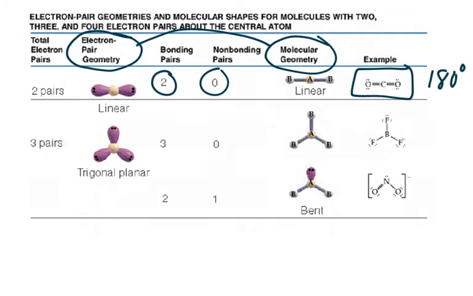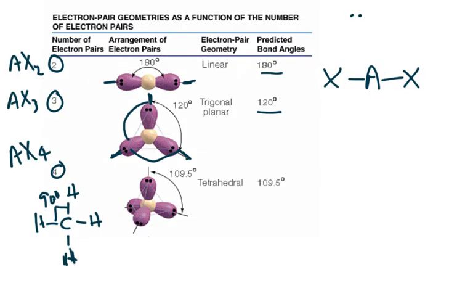Now, let's take a look at the domain or the electron geometry that has 3 domains. That electron geometry is called trigonal planar, but what you're going to see is that there are 2 examples. It could be either 3 bonding and 0 non-bonding, which would look like the one drawn here. It'll look something like this.